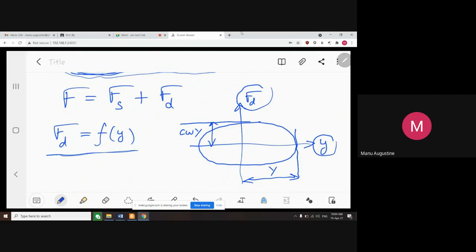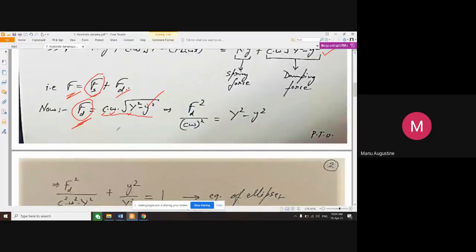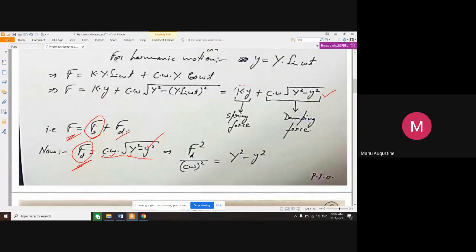Now I want to see, if I plot the graph for Fs with respect to y, how would it look? Let us see whether Fs is also a function of y or not. The spring force is given by K into small y. It's a simpler expression, but obviously K is a constant and therefore Fs is a function of y.